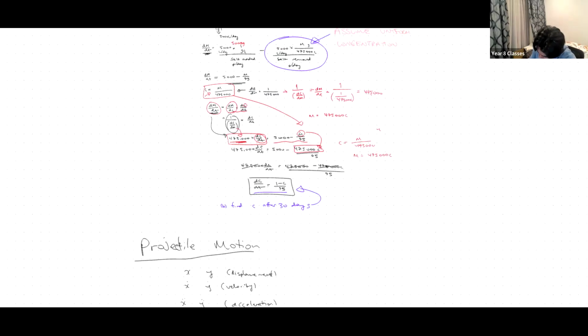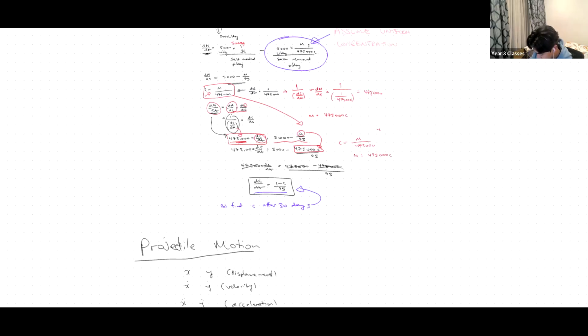So your x double dot will be 0 every single time because you don't have any force acting in the x direction, because in 3 unit you don't deal with air resistance. Whereas in the y direction, you're always going to have gravity acting, so you're going to have negative g as your acceleration in the y direction.